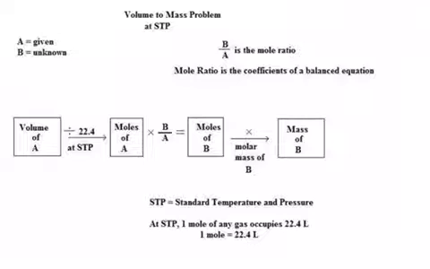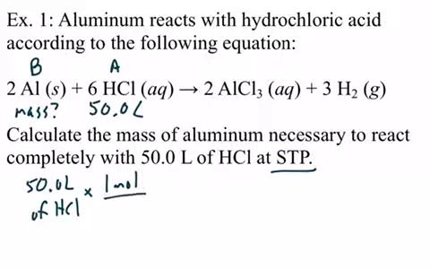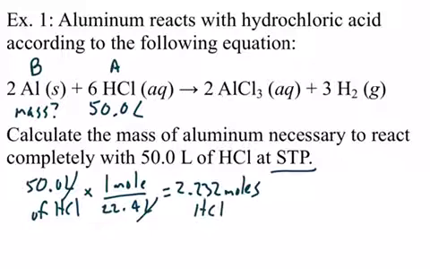Now, if you look at the problem, we're starting with 50 liters of A, which is HCl. So if you recall, for every 1 mole at STP, it occupies 22.4 liters. So when you do the math and you divide, you end up getting 2.232 moles of HCl.